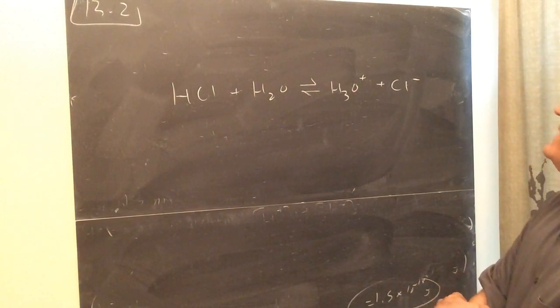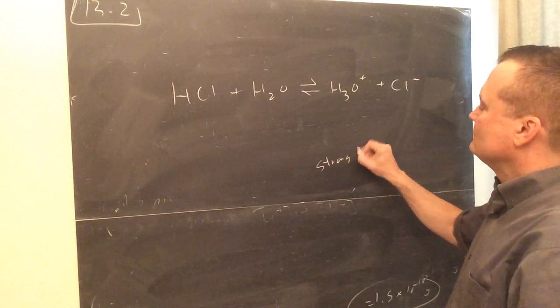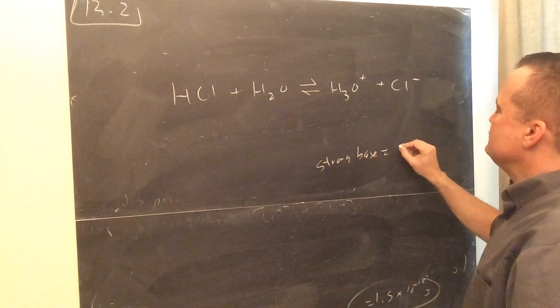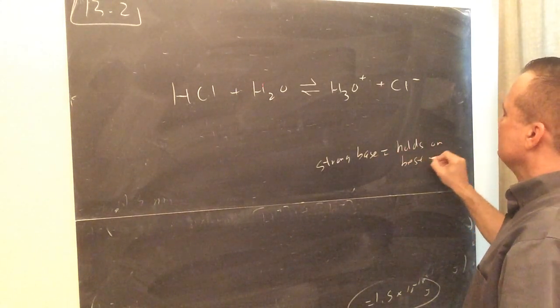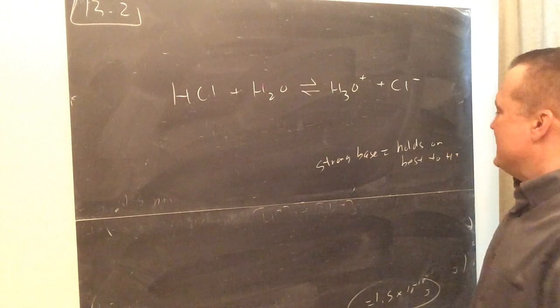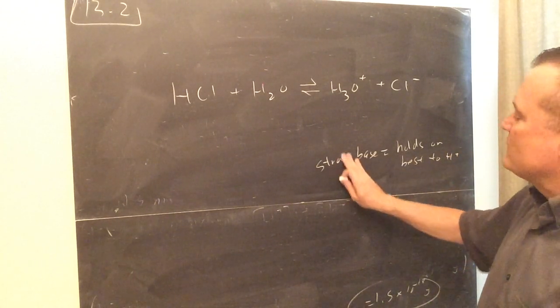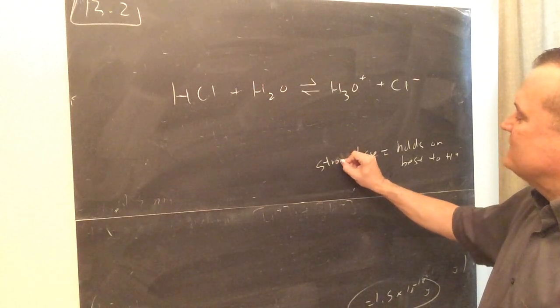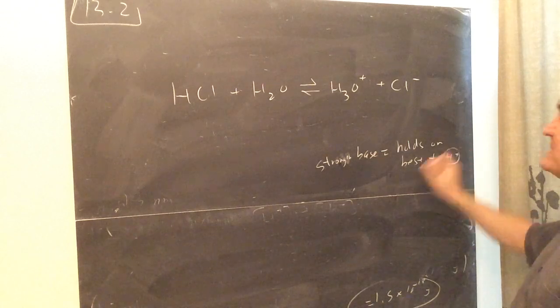A strong base means it holds on best to H plus. No, I don't want to say strong, because I told you OH negative. The stronger base is the one that holds on best and keeps the H plus.